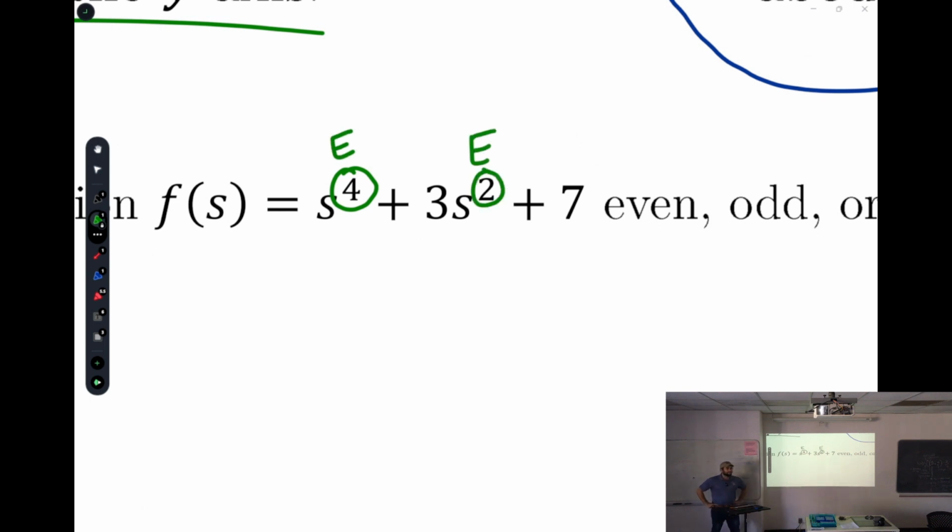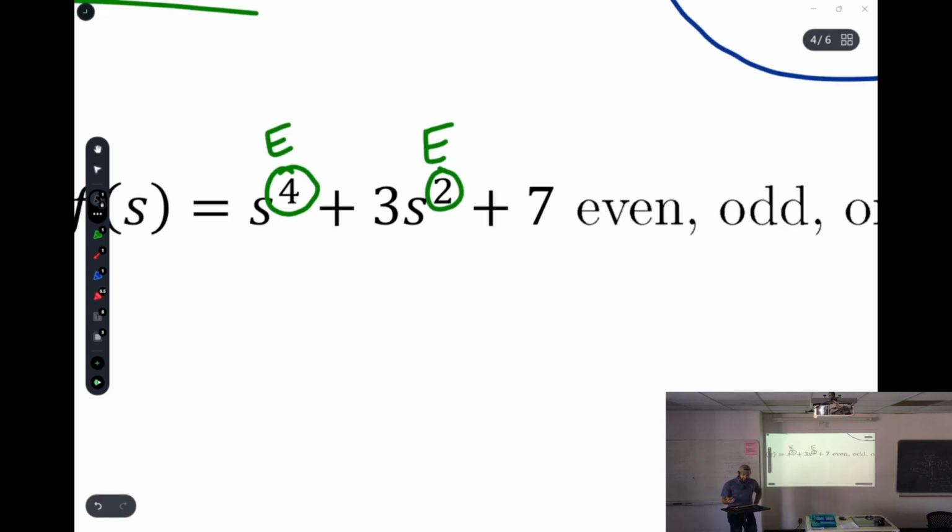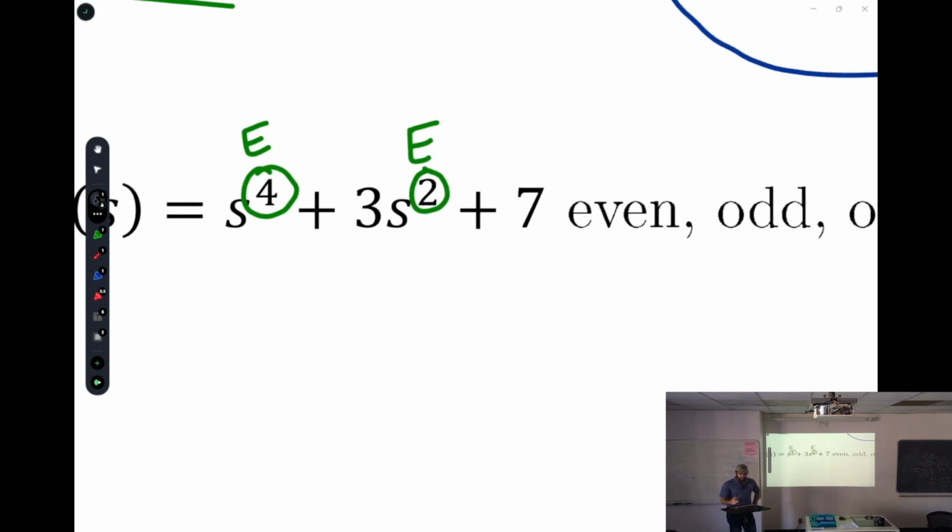Is 0 even or odd? There's nothing there to look at. But I propose that there is something there. I propose to you there is a variable there.